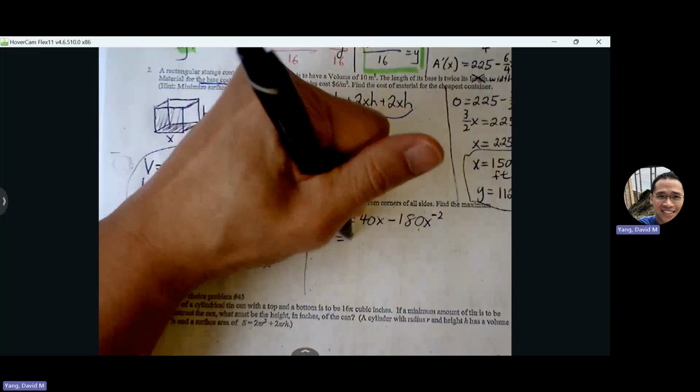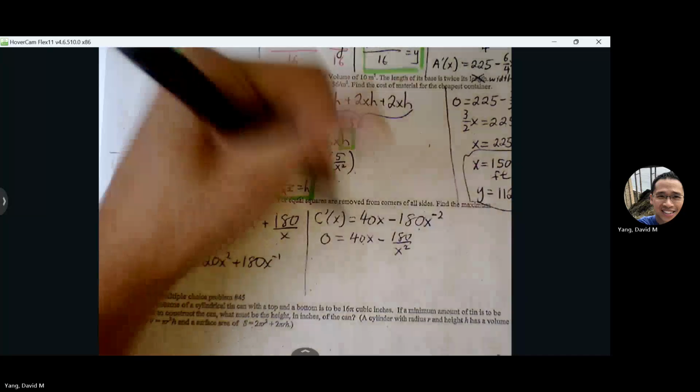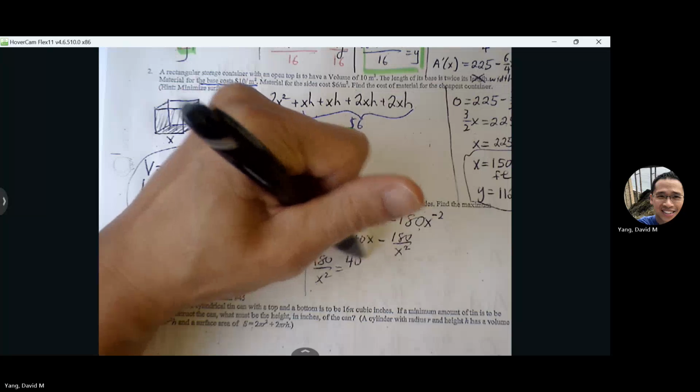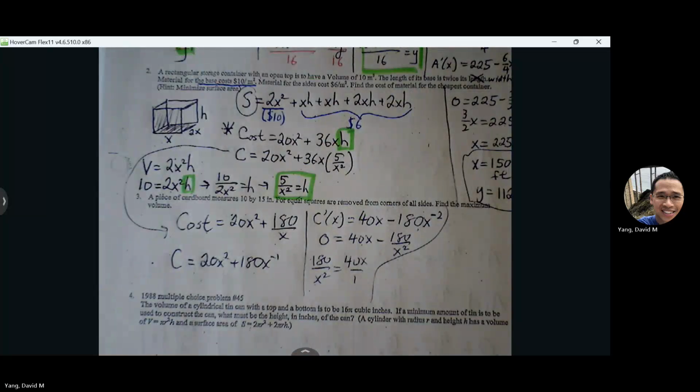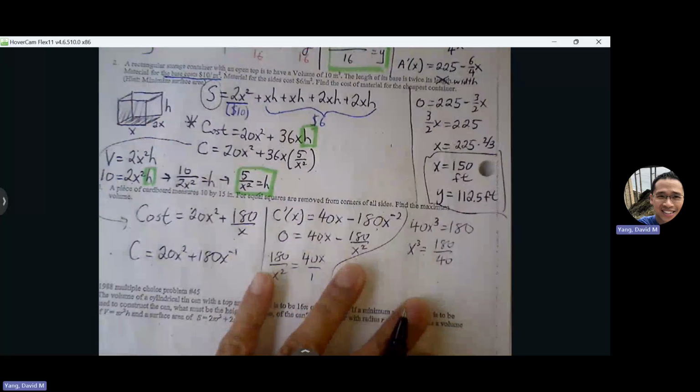Find your critical point, and then try to figure out how to solve for x. Cross multiply. This is not going to come out to be a nice integer value, so we'll just make the calculator give us a decimal value.